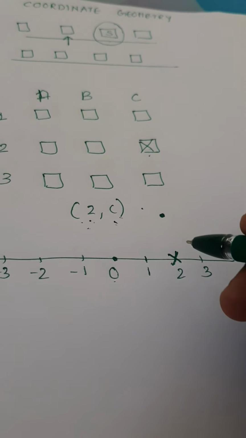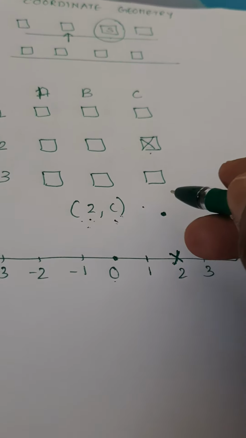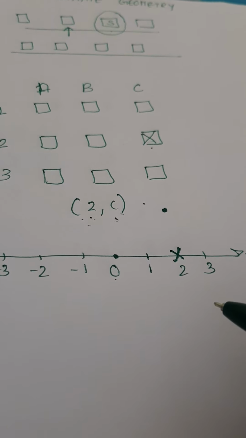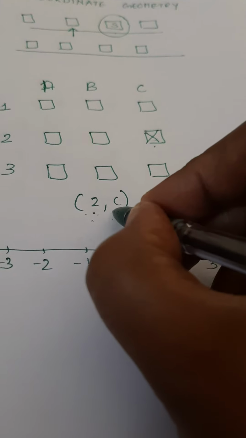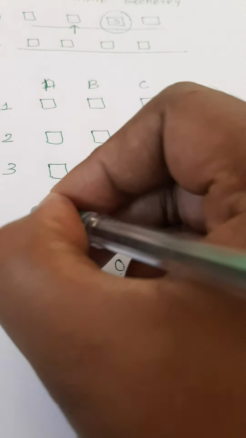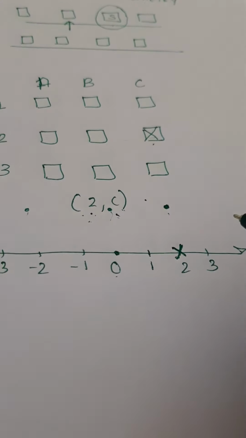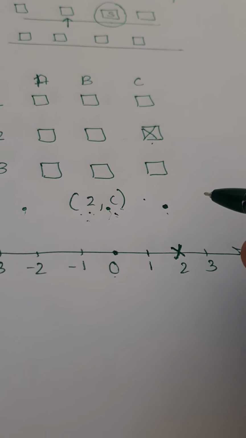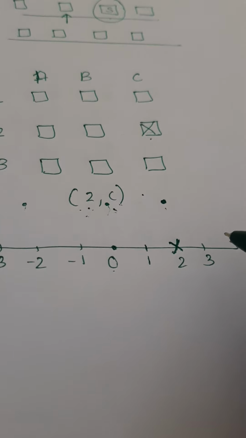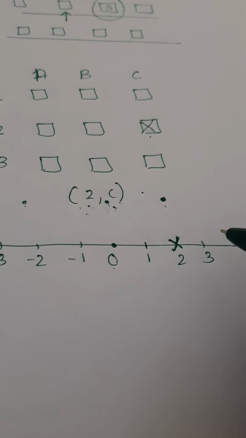Suppose I say that the point is 3 units above the horizontal axis, is that enough? 3 units above this can be here, can be here, can be anywhere. So this single piece of information, that it lies 3 units above the horizontal number line, is not enough. You need two pieces of information.